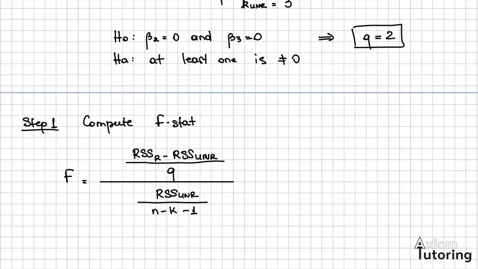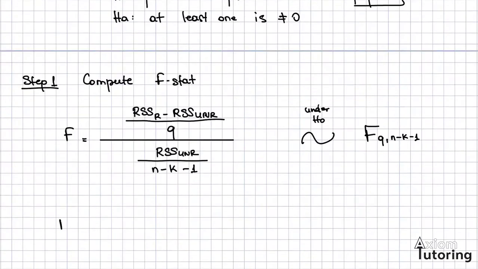Keep in mind, this F statistic under the null hypothesis, meaning assuming that all the assumptions are holding, because we should never forget about the assumptions, should have an F distribution with degrees of freedom Q and N minus K minus 1.